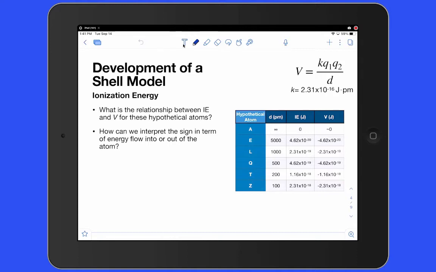K is a positive value. Electrons negative, protons positive. So we've got opposites. And D is a positive value. So if you plugged in all those variables, you would have only one negative value up there. And since it's multiplication and division, your answer has to come out to be negative.